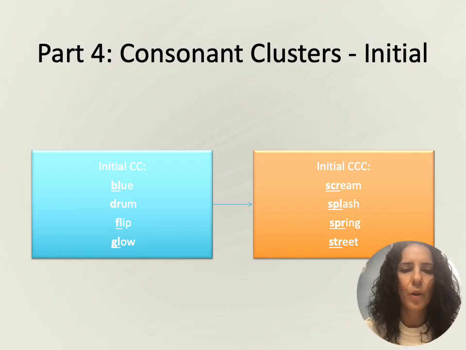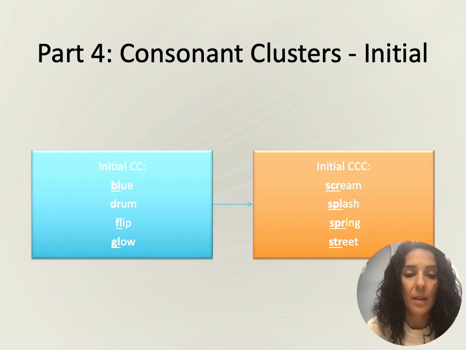I'm right here on part 4. You asked us to go ahead and give different examples of each consonant cluster. So we're going to start with the initial consonant clusters. In initial consonants, we have blue. We have the consonant cluster BL, and then the rest are vowels, UE. So with blue, you can see them in bold and underlined.